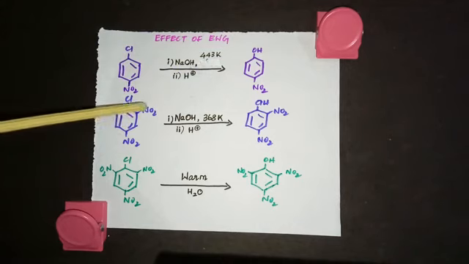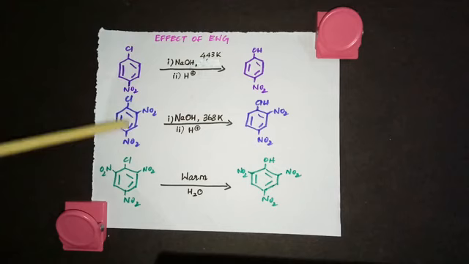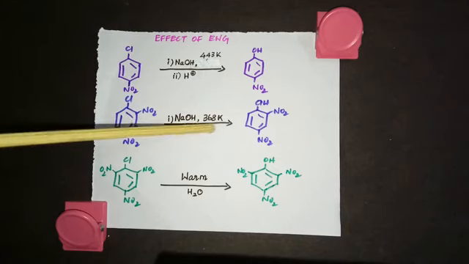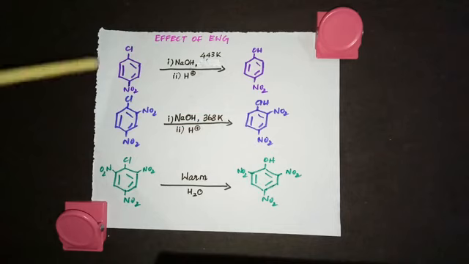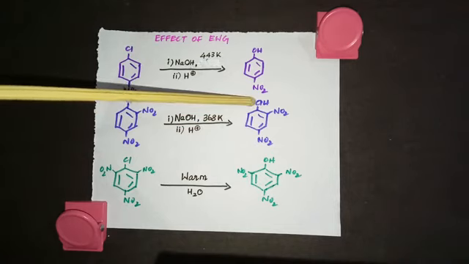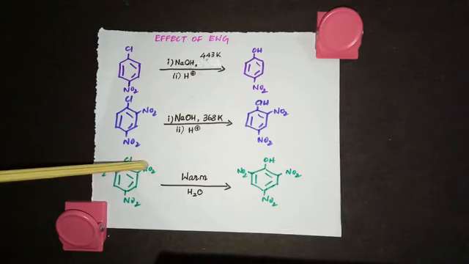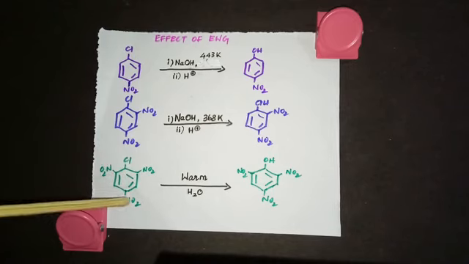Now see, in this compound both ortho and para position have electron withdrawing nitro groups, and now the temperature needed is just 368 Kelvin, so that this chlorine is replaced by OH. And look at this example. I have all the three positions. This is ortho, para, and this is also ortho, and all the three positions have electron withdrawing nitro groups.